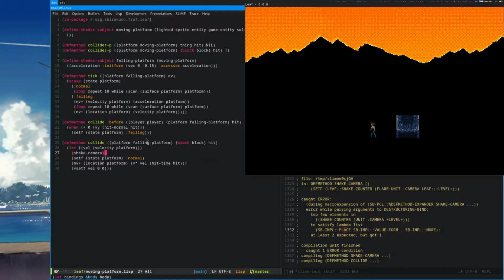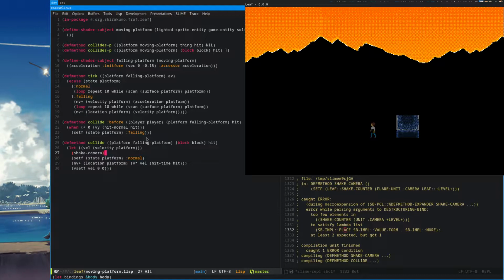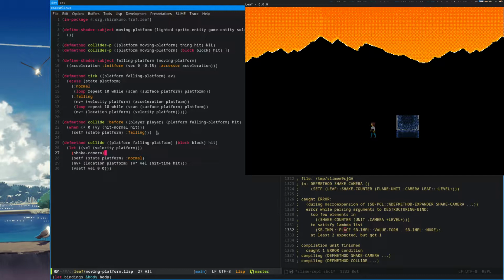Could introduce a separate state, I guess. But that doesn't seem nice. I know that before... No, I don't think I did any Lisp game dev before Trial.